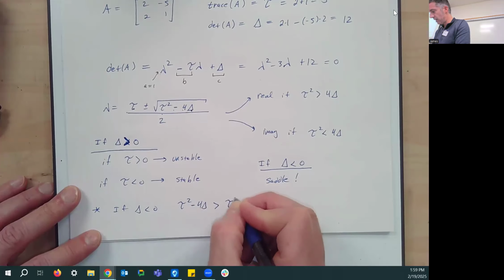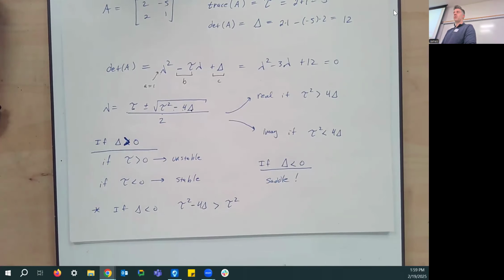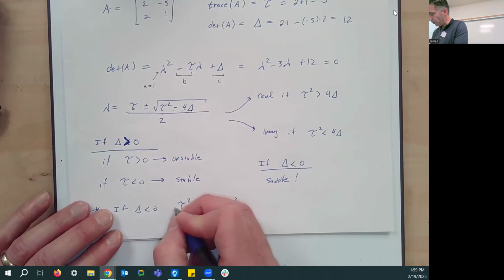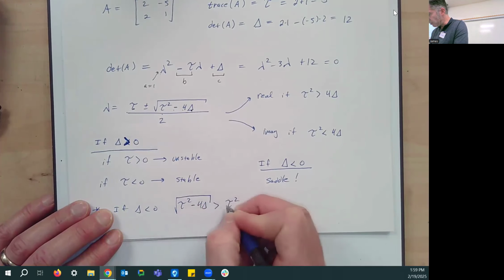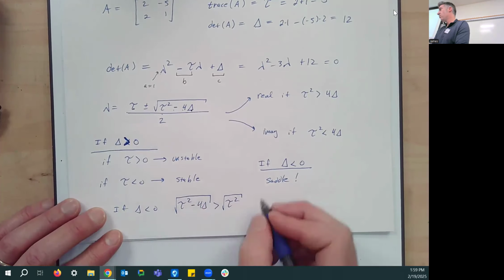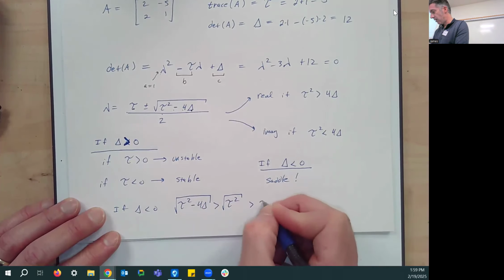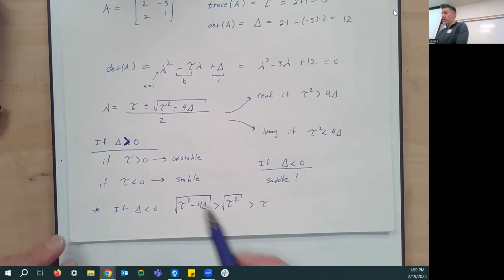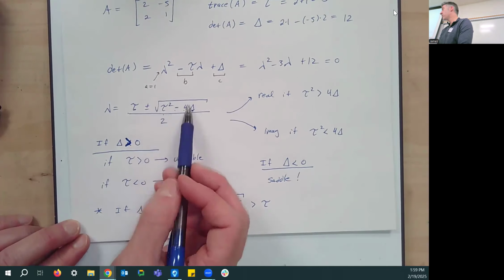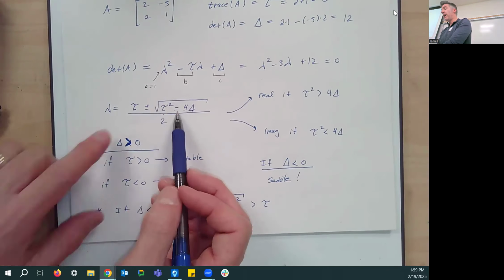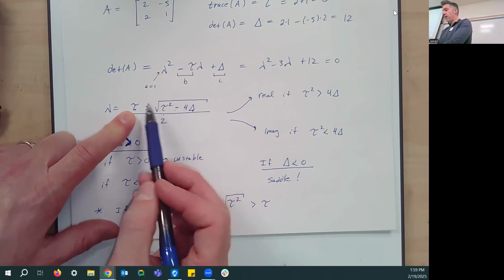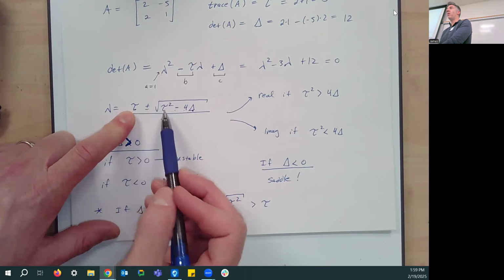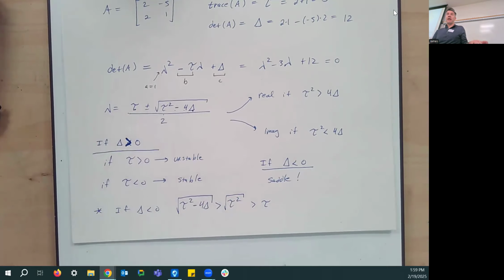And then if you take the square root of both sides, the square root of this is bigger than the square root of tau squared, which is bigger than tau. Or more negative than negative tau if it's a negative number. But here's the point. If this part right here is bigger than tau, then tau plus that and tau minus that, one of those has to be positive, one of those has to be negative.